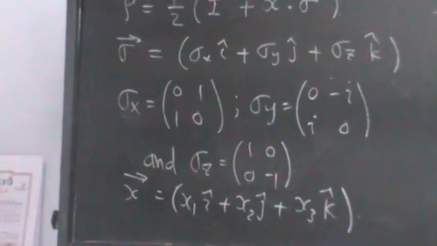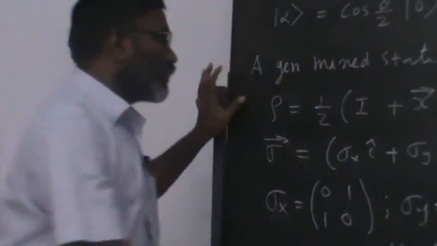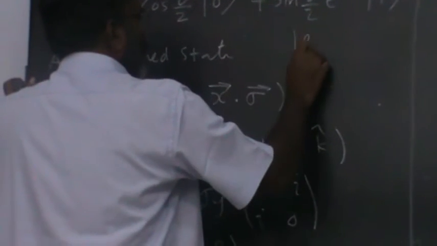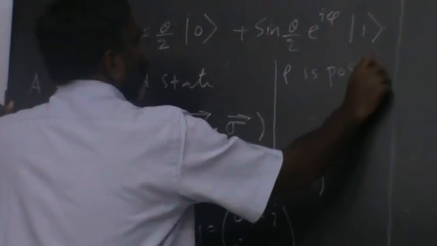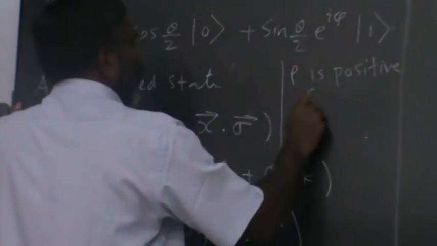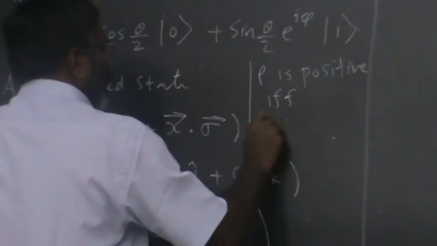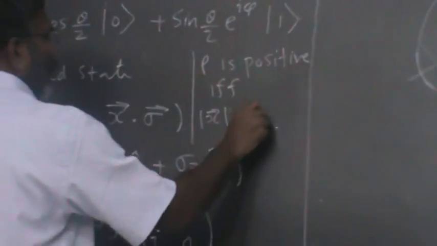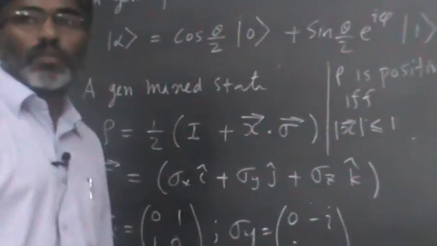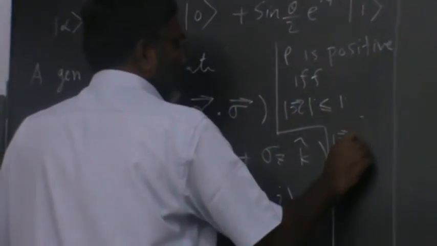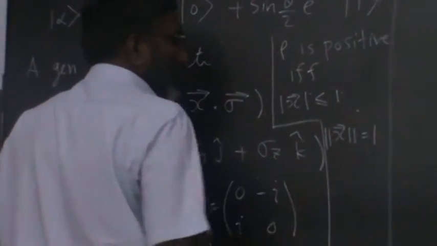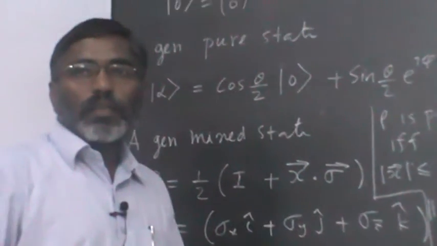And if you ask the question, this rho has to be positive. Rho is positive if and only if the modulus of x is less than or equal to 1. You can show that condition. If rho has to be positive, modulus x is less than or equal to 1. And if modulus x is equal to 1, then it is a pure state.